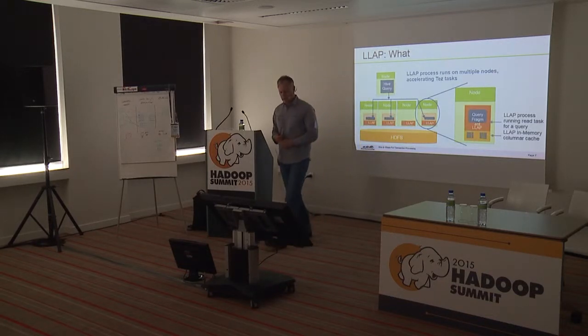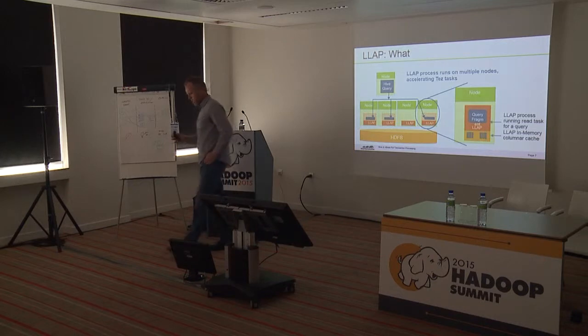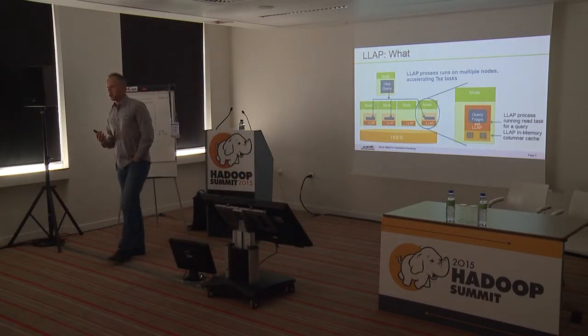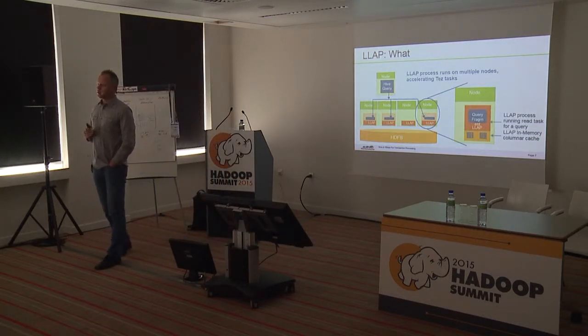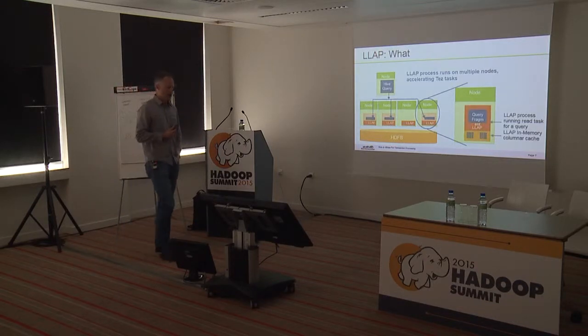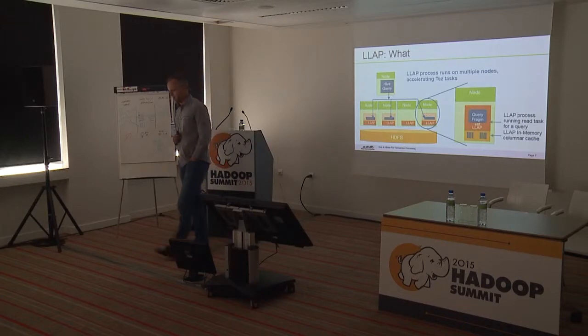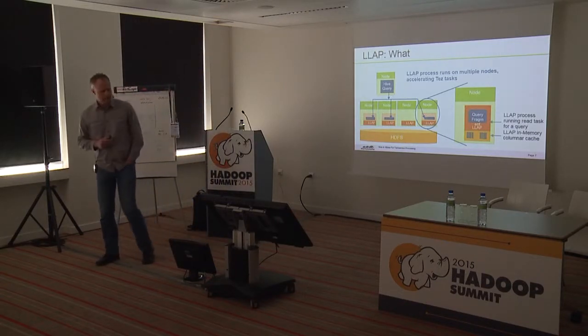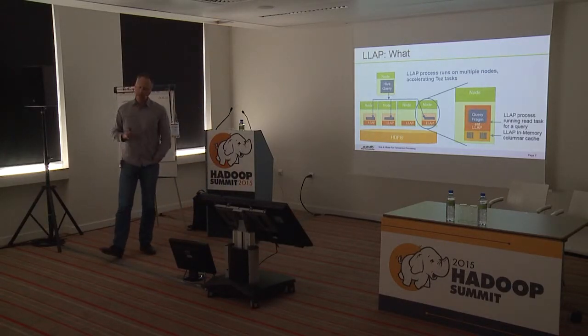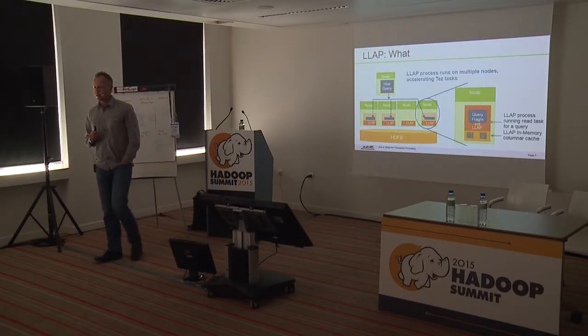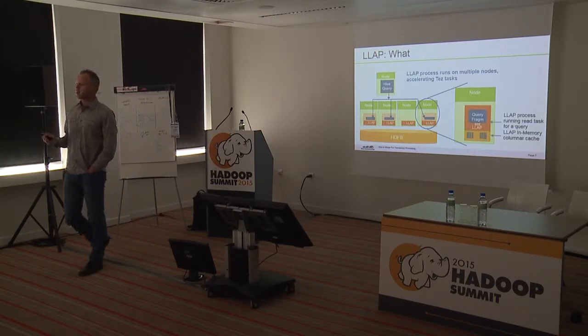So we're not saying that you have to stand these up and then they handle all the query. You'd still use Tez or Spark or whatever you're using for your engine behind for any post-shuffle activity. So if you've got a hash join or a very large group by where you have to do a shuffle, something like that, that's still going to be handled in Tez or whatever as it is today.